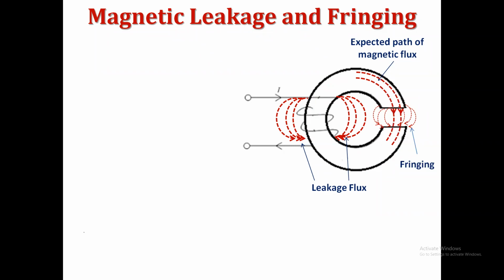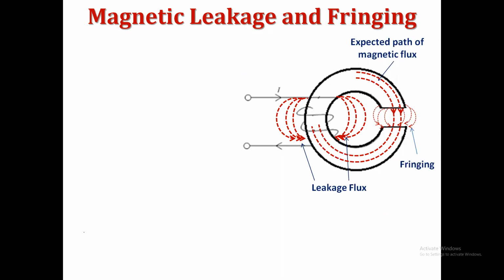What exactly is magnetic fringing? In the air gap, the magnetic lines of force try to spread out, so the effective area of cross section in the air gap increases. Once the effective area of cross section increases, the flux density decreases in the air gap.